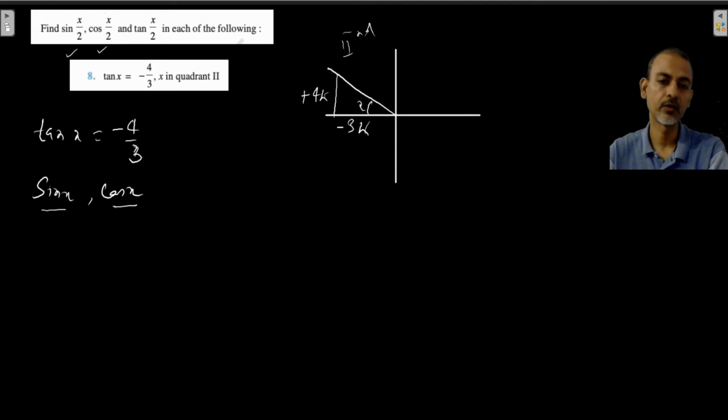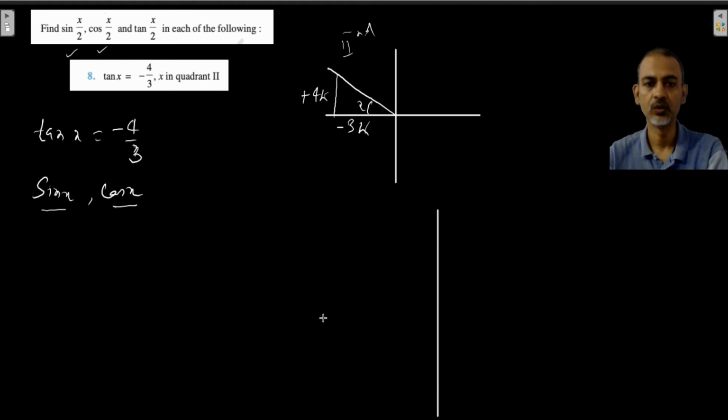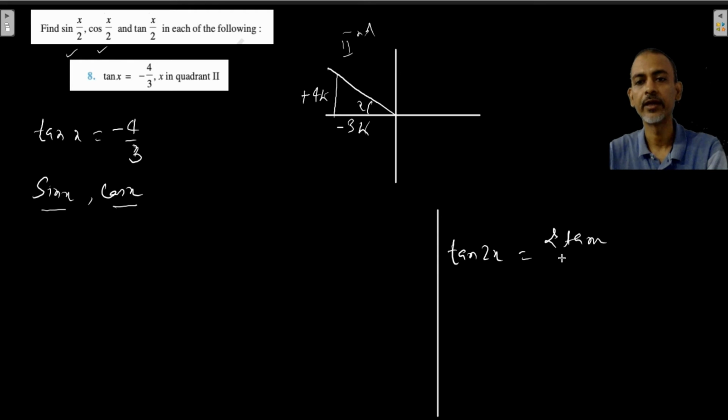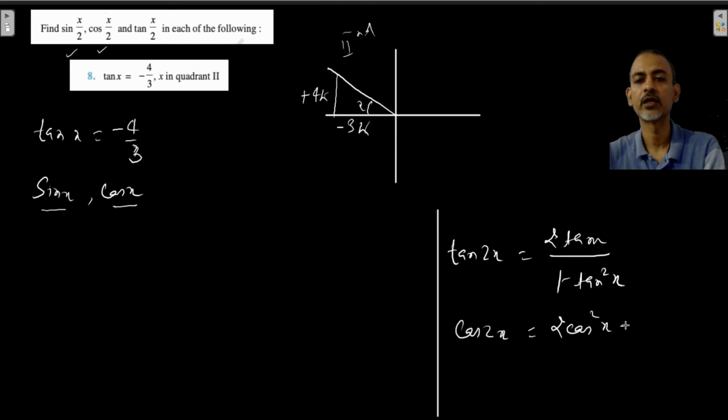So what are we going to do? We are trying to find such things because we know some of the formulas here. So let me write some of the formulas which we know. We know that tan of 2x is nothing but 2 tan x divided by 1 minus tan square x. We also know that cos of 2x is going to be 2 cos square x minus 1, or 1 minus 2 sin square x.